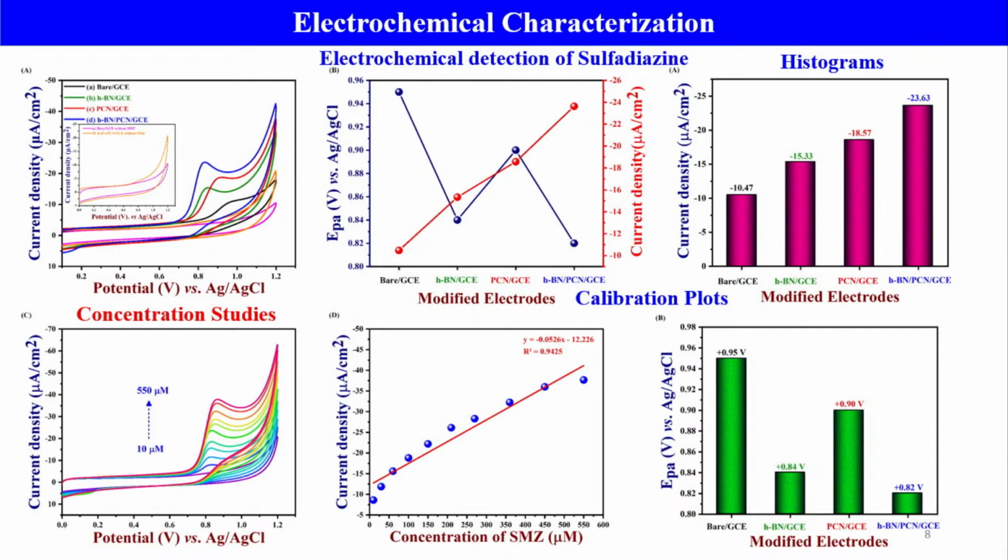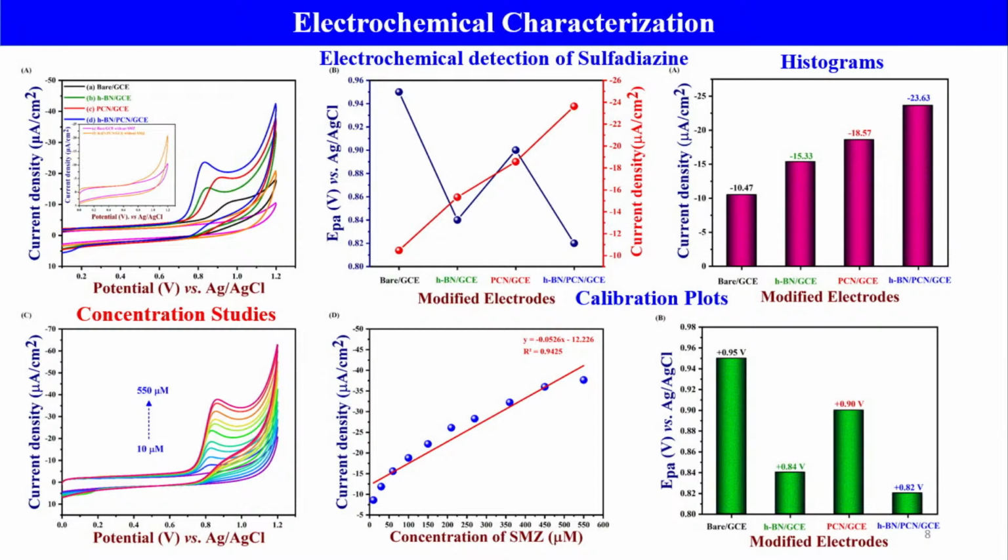The bare GCE shows a peak around 0.95 volt with a low current density. The individually modified electrodes, using hexagonal boron nitride and protonated carbon nitride, show a very low current density as well as a high potential, but the composite modified electrode shows a potential around 0.8 volt with a high current density, which shows better catalytic activity than the other electrodes.